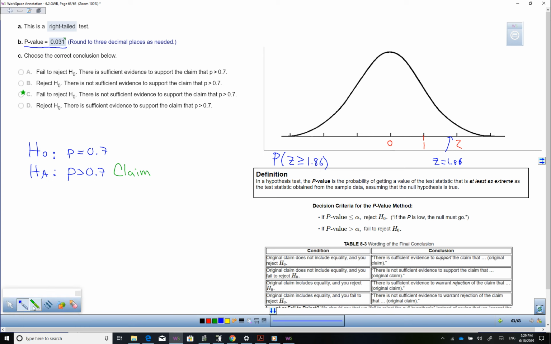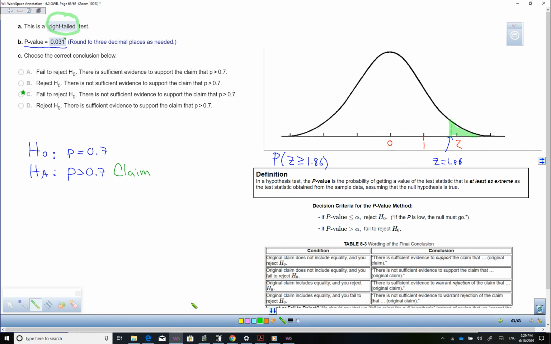So we are looking for this right tail. Remember, I mentioned from part A, this is a right tail. They want this area, the probability of obtaining a test statistic of 1.86 or greater than that value.